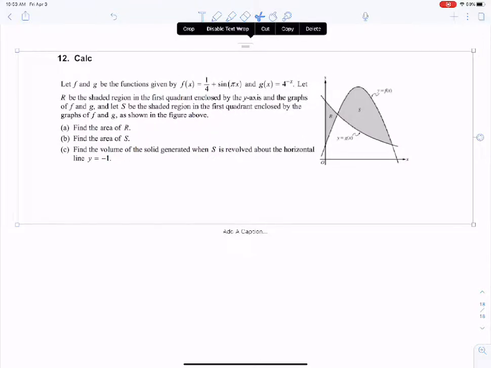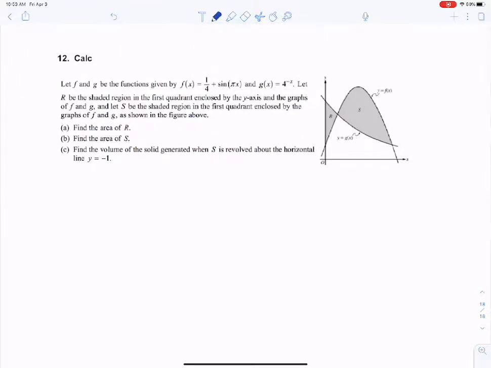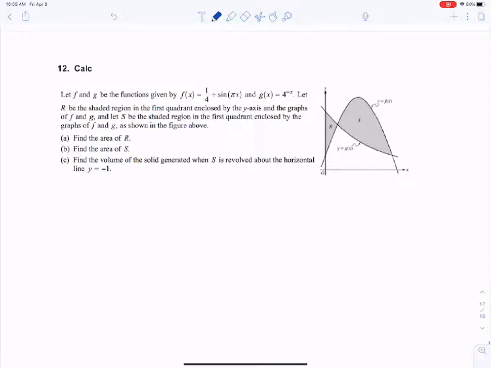So again, hopefully this one is a bit more straightforward. It should feel like something we could have been tested on during the year.